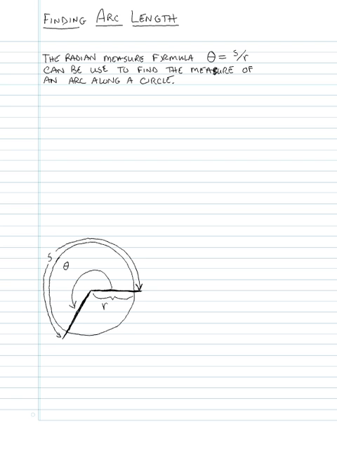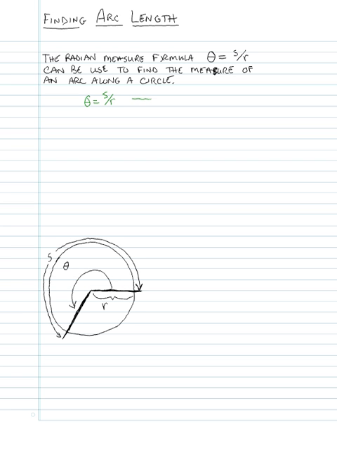Now above, remember that the formula theta equals S over R is how we decided what the measure of the angle is in radians. We took the distance S and divided by R to find out how many radiuses are in that distance, and that gave us the radian measure.